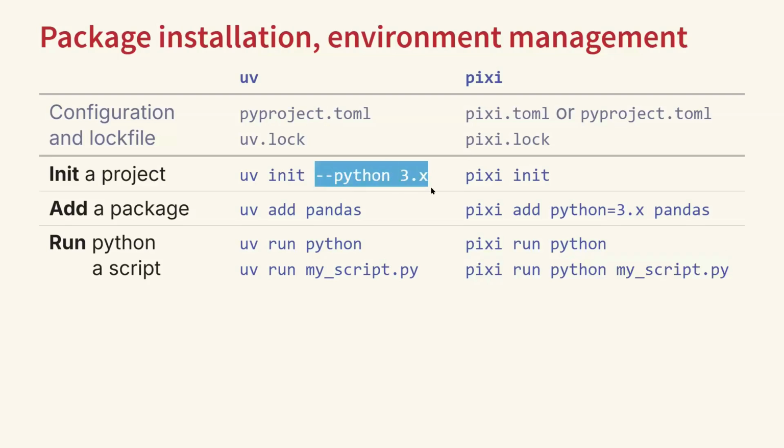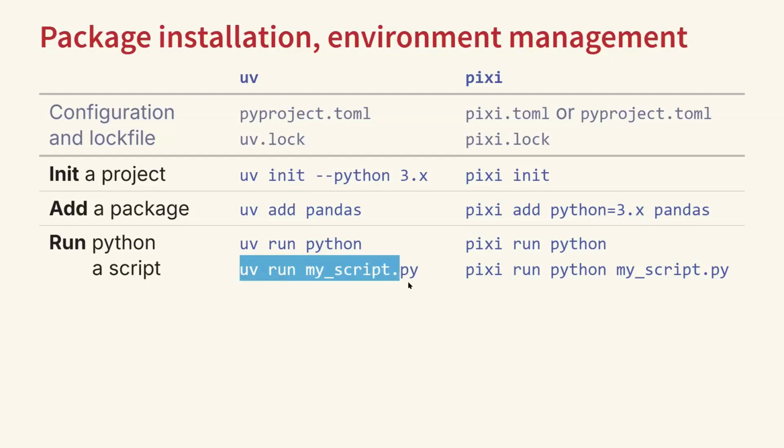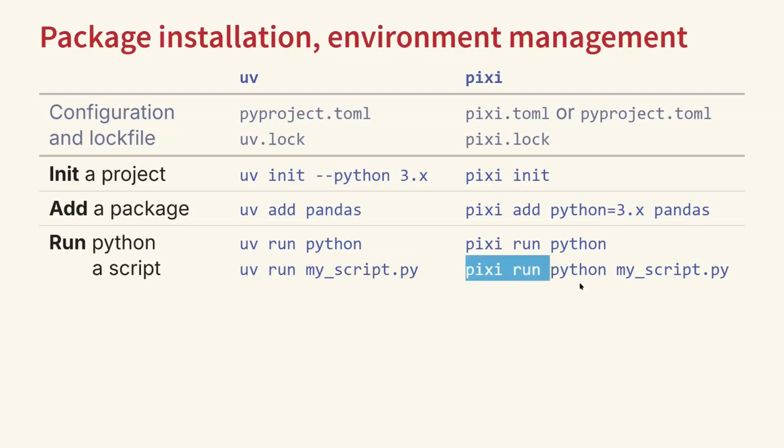If you want a specific version of Python, in UV, you specify it on the init line. In pixi, you specify it as a package. In UV, if you're just running a script, you don't need to say uv run python myscript.py. You can, but UV knows if it ends in .py, you're trying to run a Python file. In pixi, you have to say pixi run python myscript.py.